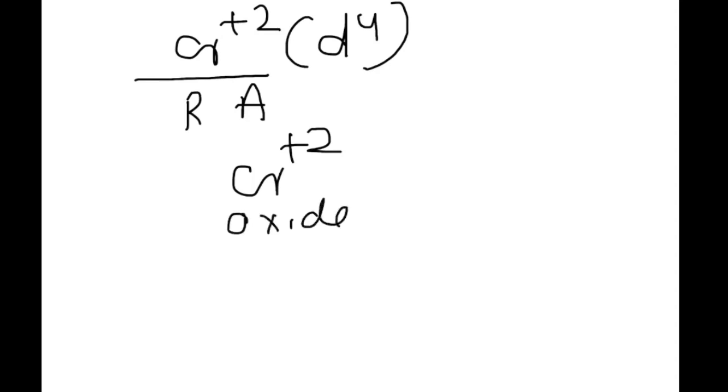The Cr2+ can act as a reducing agent. It has d4 configuration, but this can act as a reducing agent because if it acts as a reducing agent, it undergoes oxidation. It undergoes oxidation means it loses one electron to convert to chromium 3+.